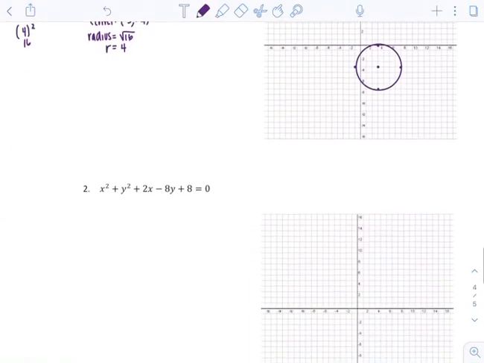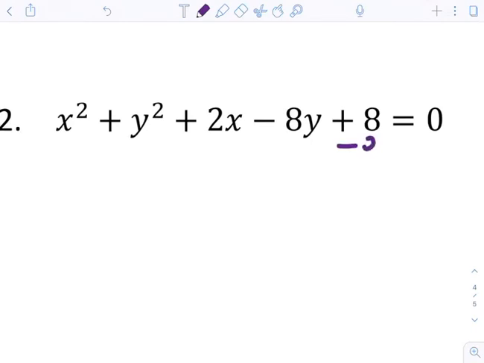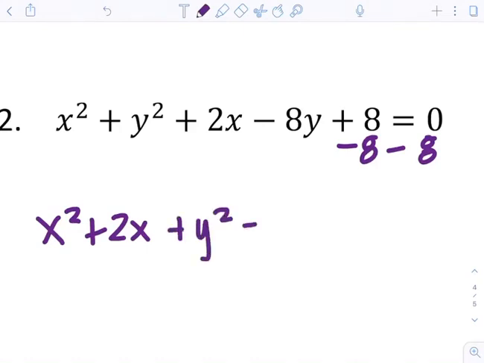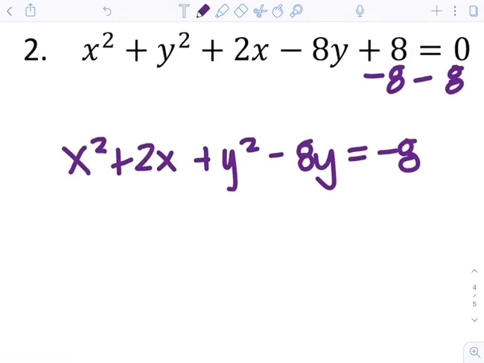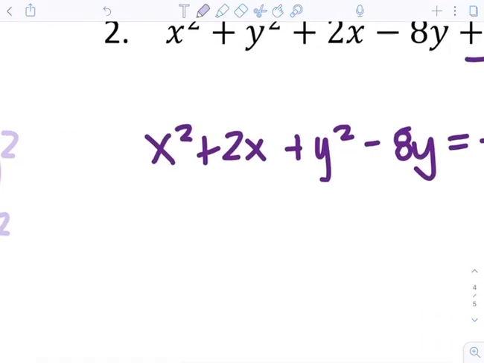Okay, so number 2. So I'm going to get the number that has no variable over, and I'm going to rearrange it so my x's and y's are by each other. So x squared plus 2x, and then plus y squared minus 8y equals negative 8. And we're going to complete the square for the x's and the y's. So 2 divided by 2 squared, so that's 1.